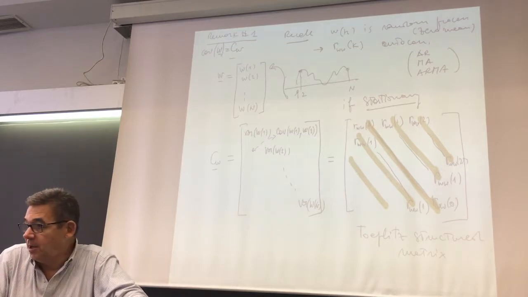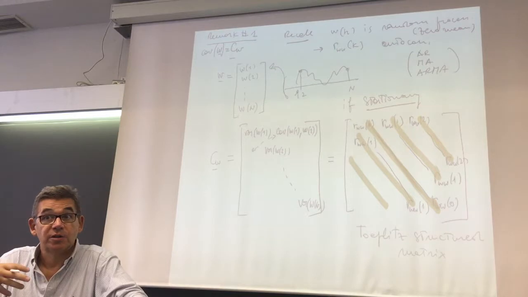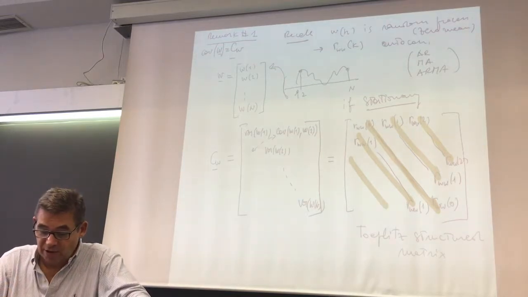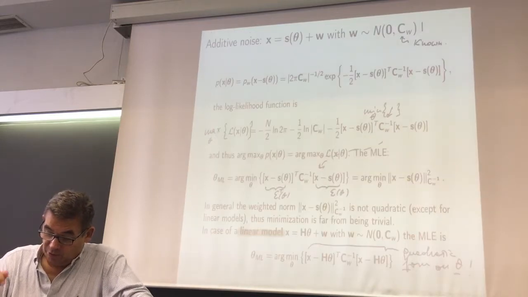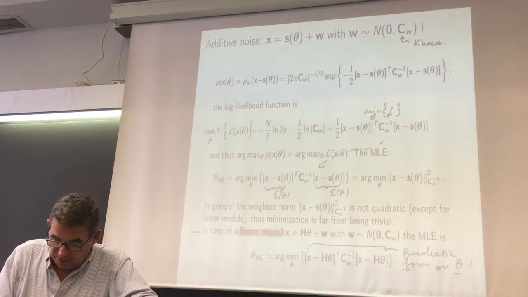After demystifying the role of C_w, let's calculate the maximum likelihood estimate. We were at this point here.